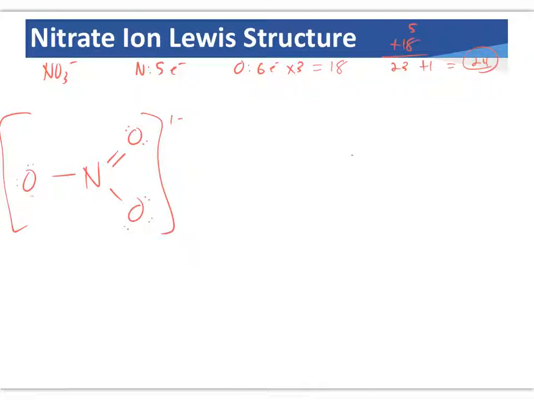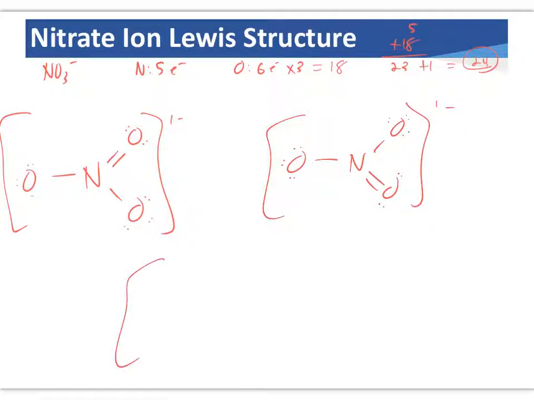But what if I drew the double bond here instead of here? And so it would look as a Lewis structure something like this. Or what if I drew the double bond here? And everything else would look about the same. 1 minus charge.